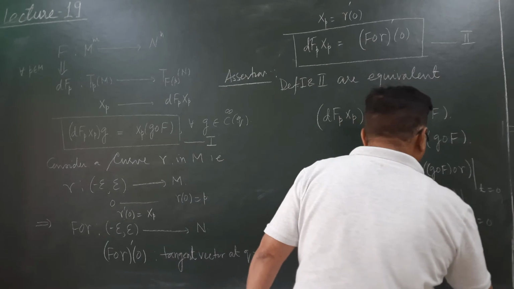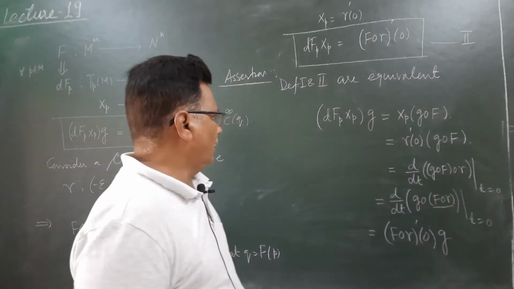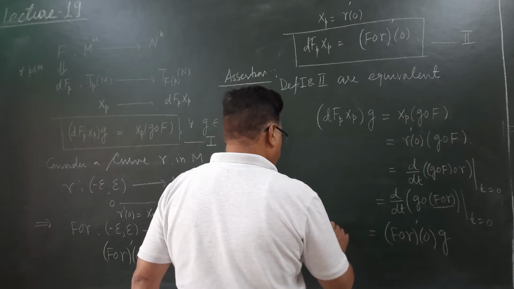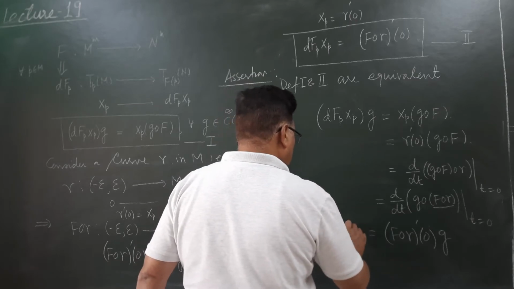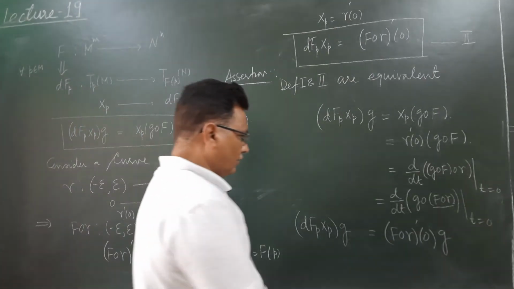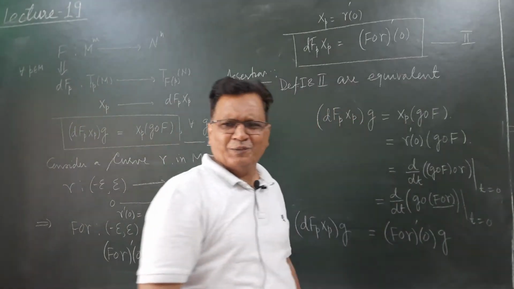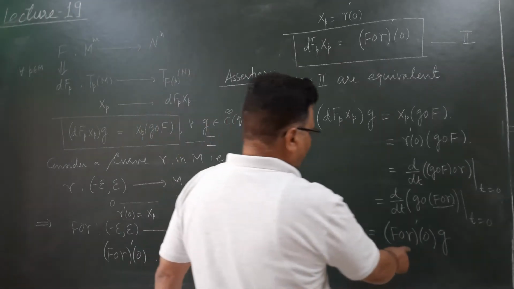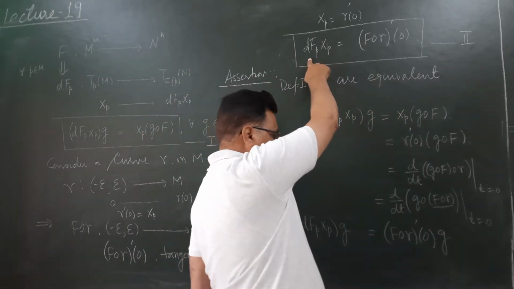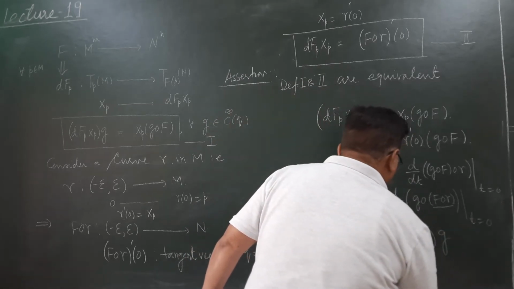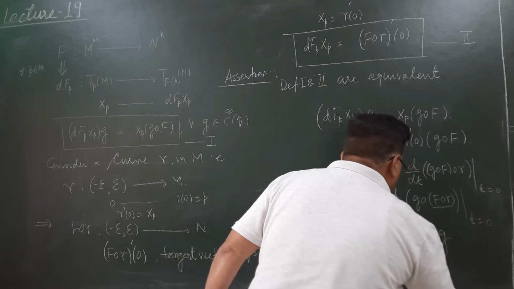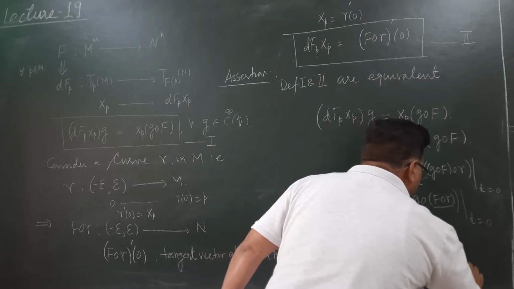And the left hand side is also DFP XP operating on G. So मैंने definition number 1 से शुरू किया और लास्ट में मुझे definition number 2 मिल गई. According to definition number 2, this is the same as DFP XP operating on G by definition 2.